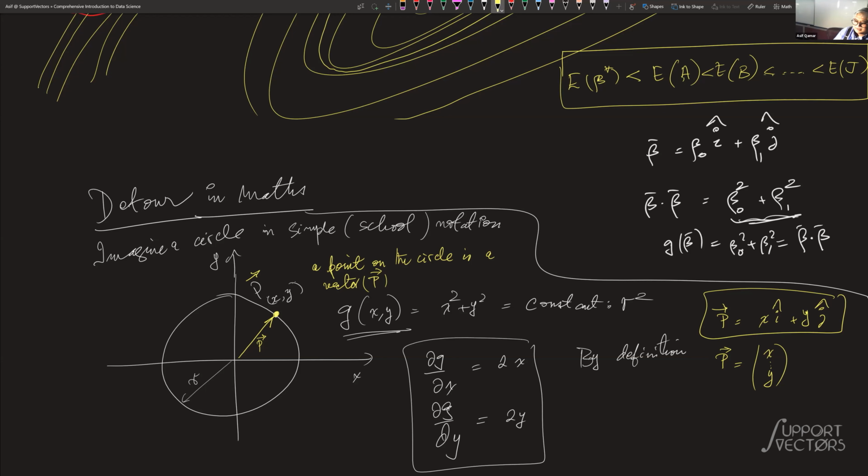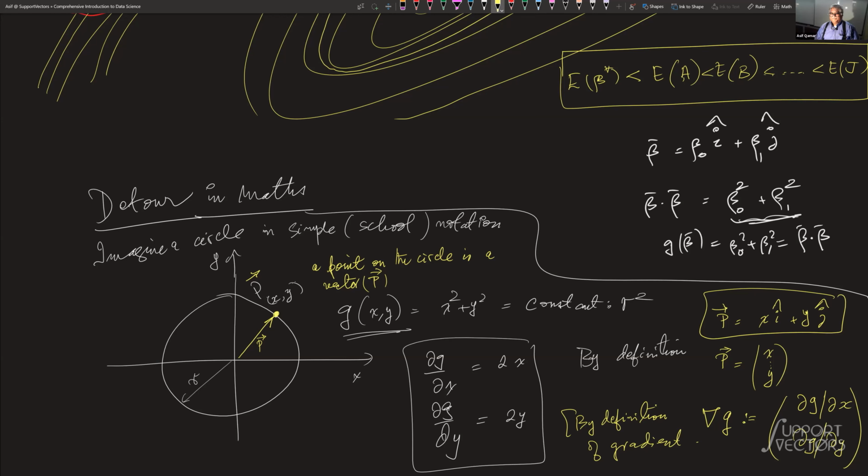Now look at the gradient. The gradient of G is, by definition, defined here.